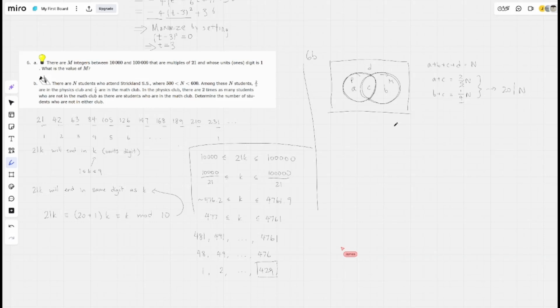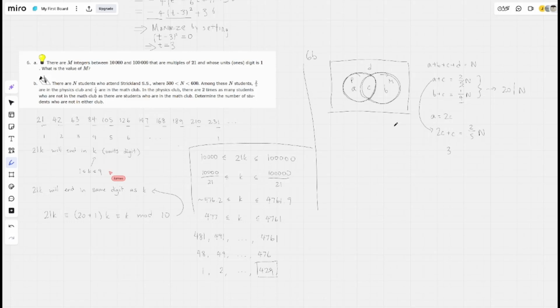Finally, the last condition is that in the physics club, there are 2 times as many students who are not in the math club as there are students who are in the math club. This means that A is equal to 2C. If we plug this into the equation over here, this gives that 2C plus C is equal to 2/5 n.